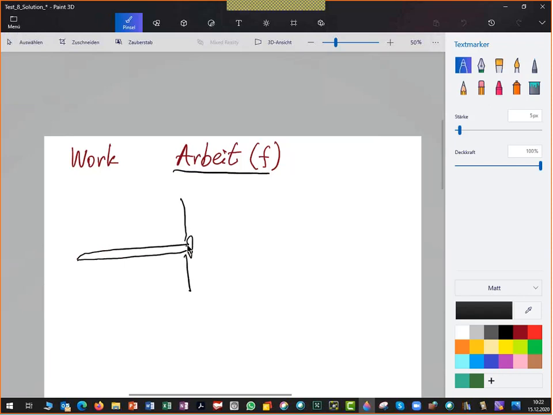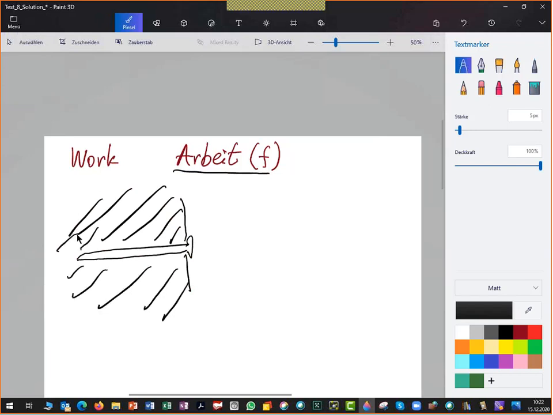So there is a wall, a wooden wall, and there is a nail. The length of the nail, let's call it L, will be 10 centimeters. And now you want to pull it out of the wall.